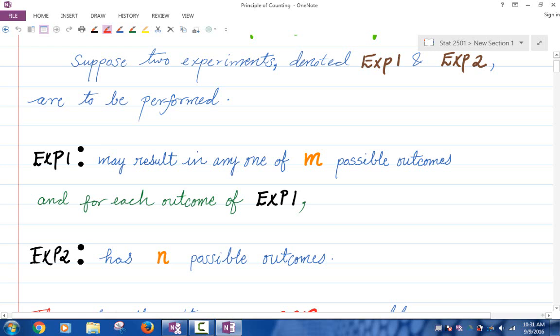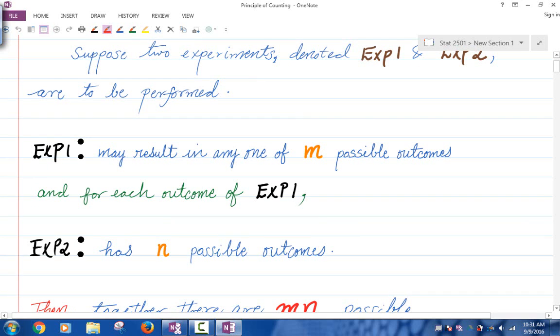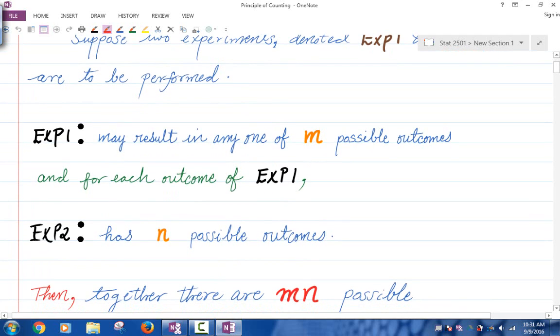The question is, how many ways can we perform the two experiments? So what is the total number of outcomes of the two experiments?